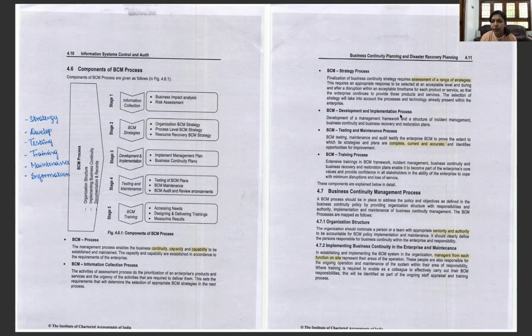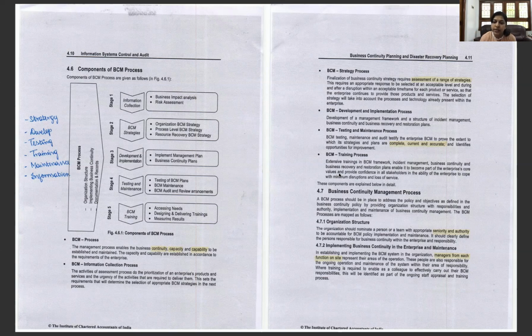And then development of the management framework, testing and maintenance, because it should be complete, current, and accurate. And then the training process, because it's not enough if it's tested alone and it's on paper. No, the users should also be trained, and it has to be a part of the enterprise's core values. This is for the components of BCM.